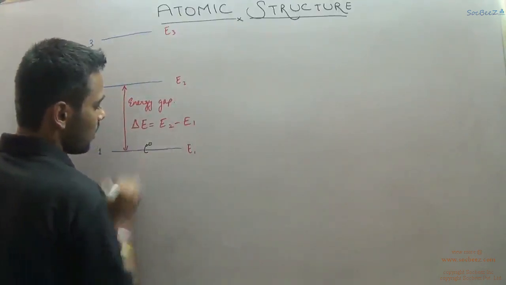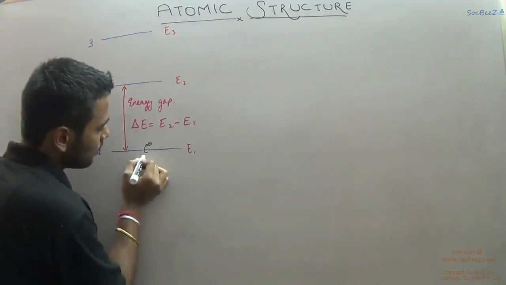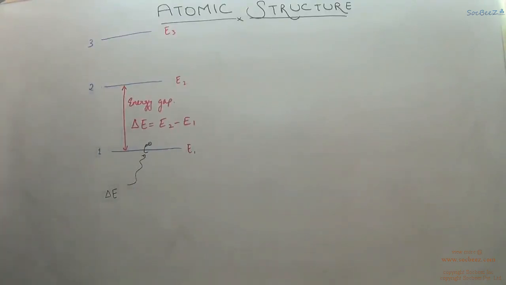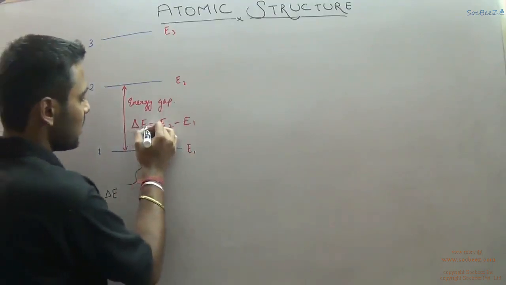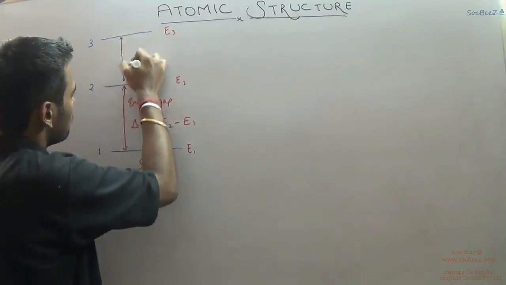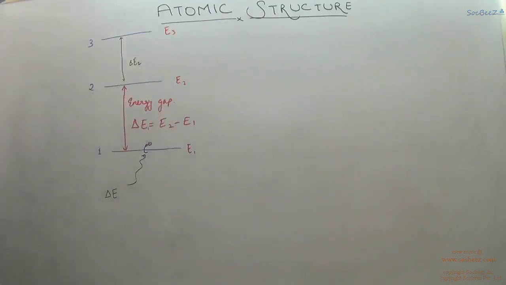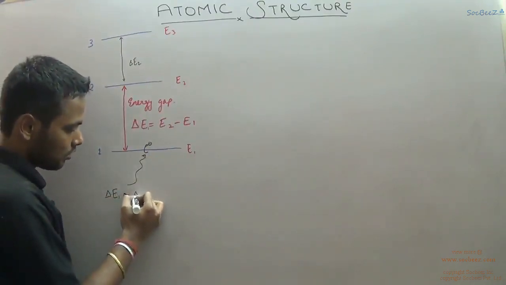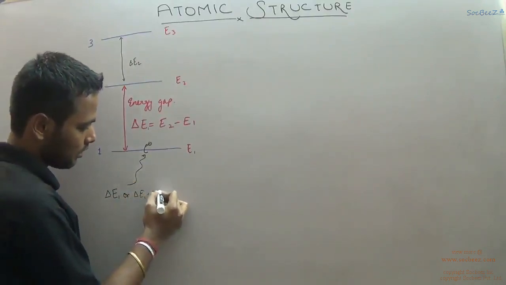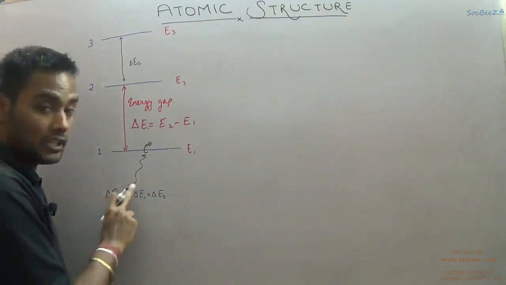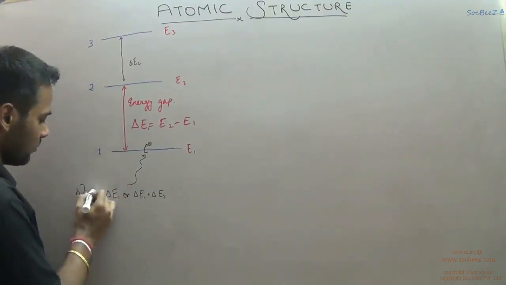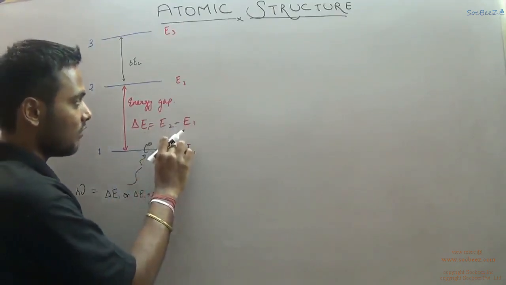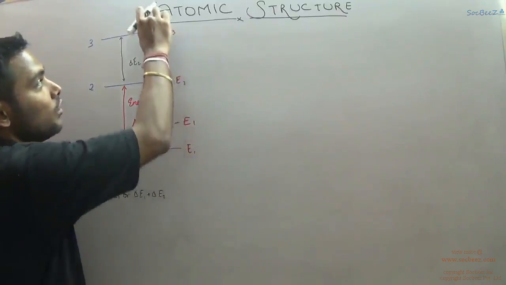Now, if we irradiate this electron with energy delta E, remember the energy has to be delta E. If this is delta E1 and this is delta E2, and we irradiate this electron with delta E1 or delta E1 plus delta E2, then depending on the value of the energy of this photon, h nu, the electron will make a jump from this level to the level E2 or to level E3.